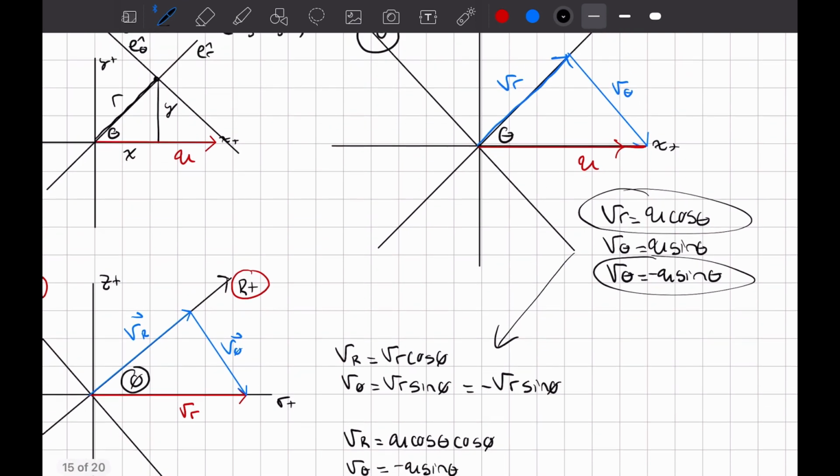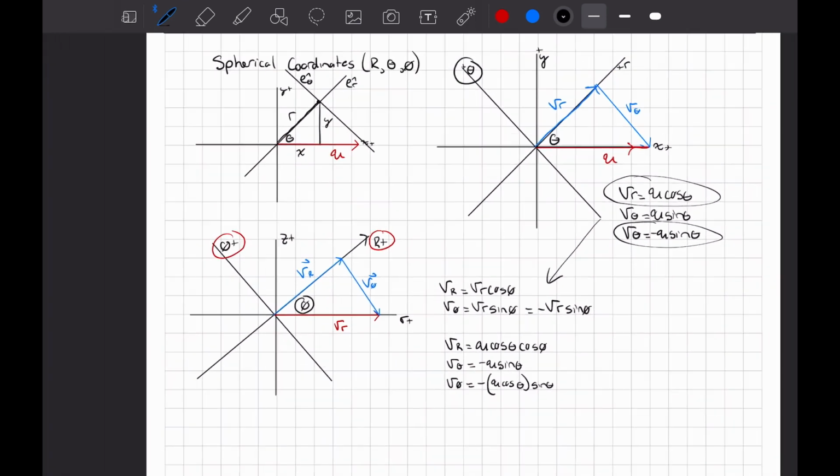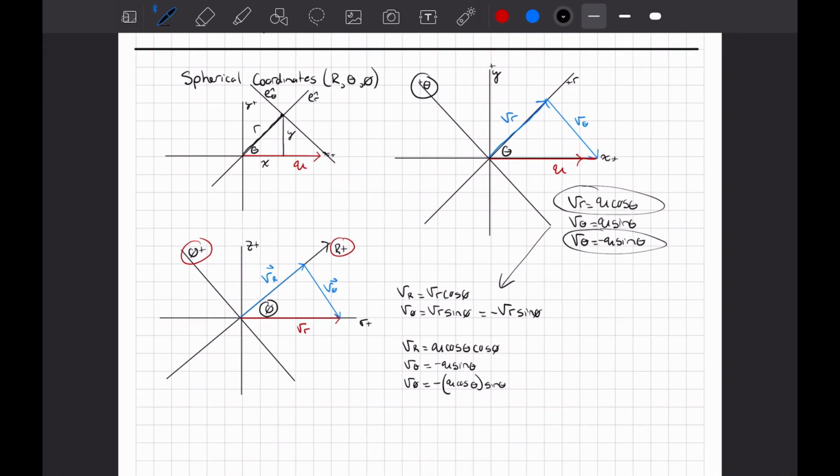I just want to make sure I got my signs correct. Okay. Plugging in for VR, we're going to have negative, yep, okay. Let me just make that a little bit more clear. So we have negative VR u cosine theta sine phi. And there we go. That is our answer right here.